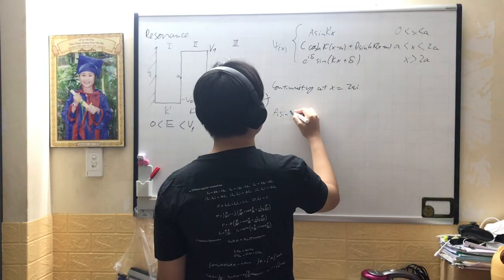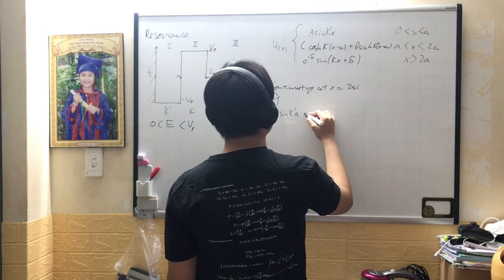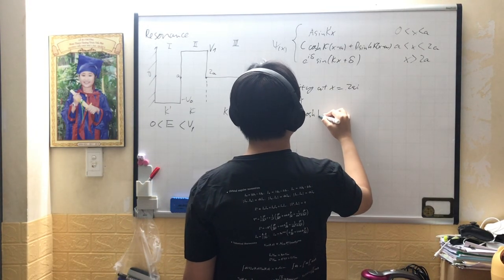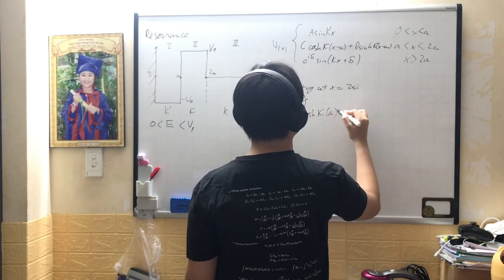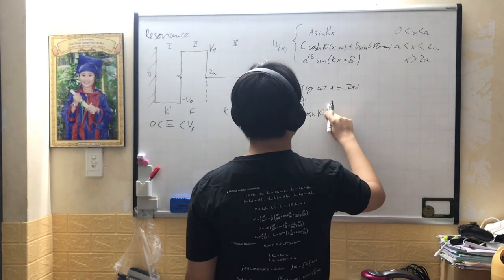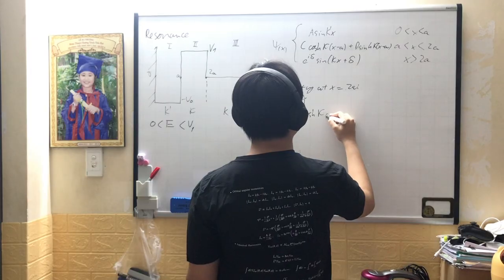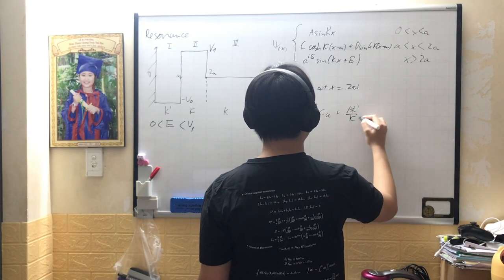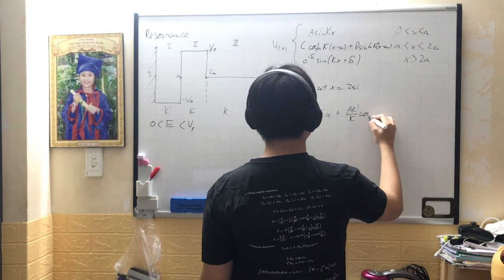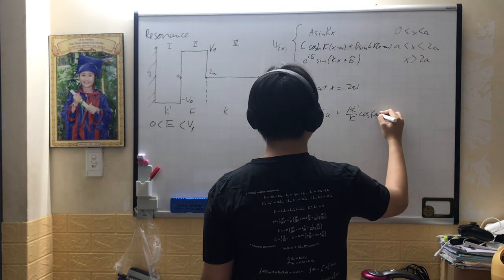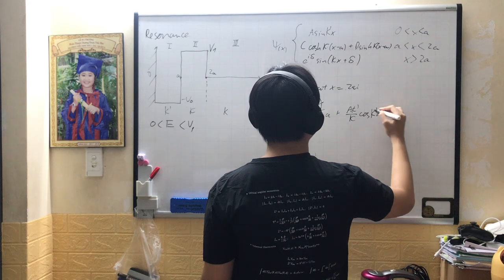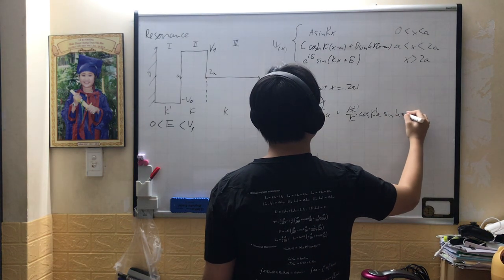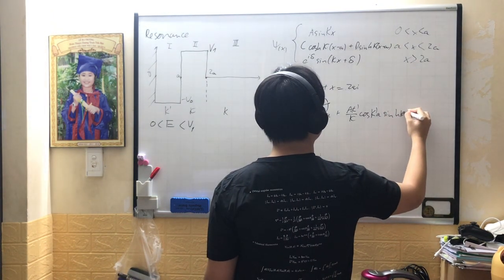A sine k prime a cos kappa a plus A k prime over kappa cos k prime a sinh kappa a.